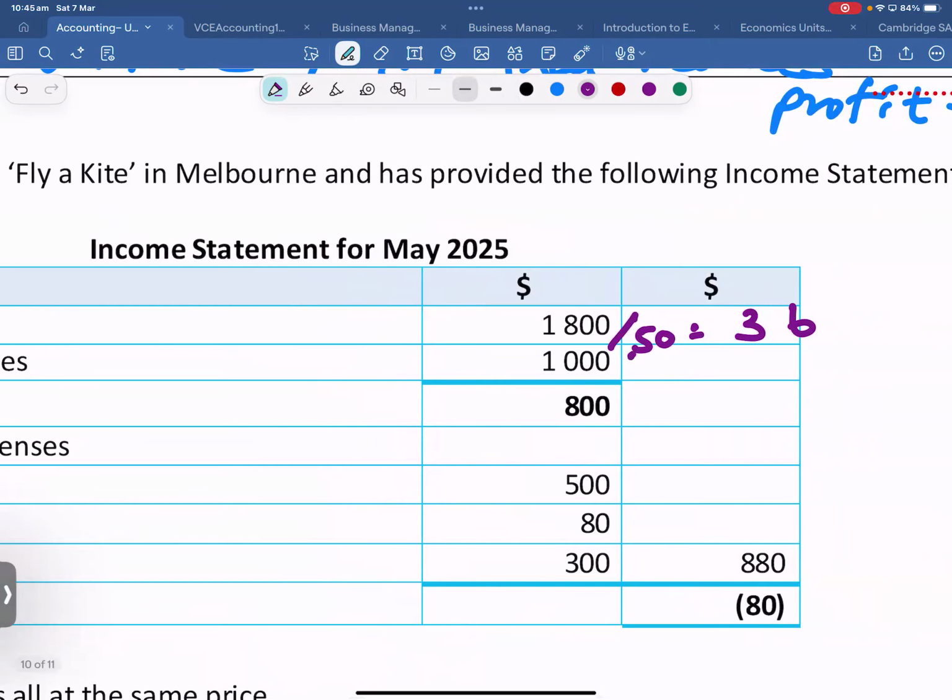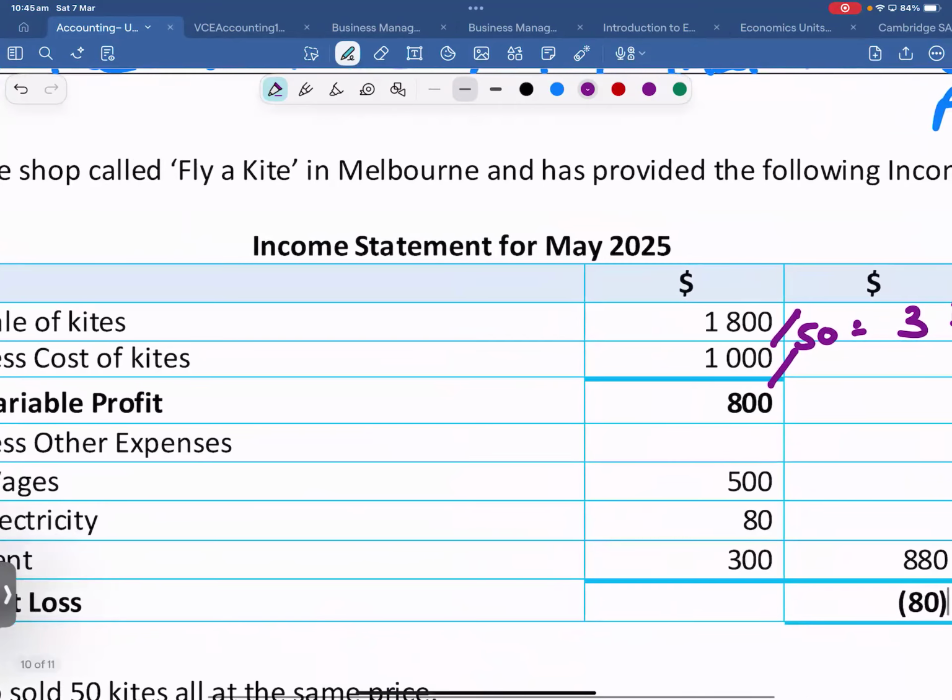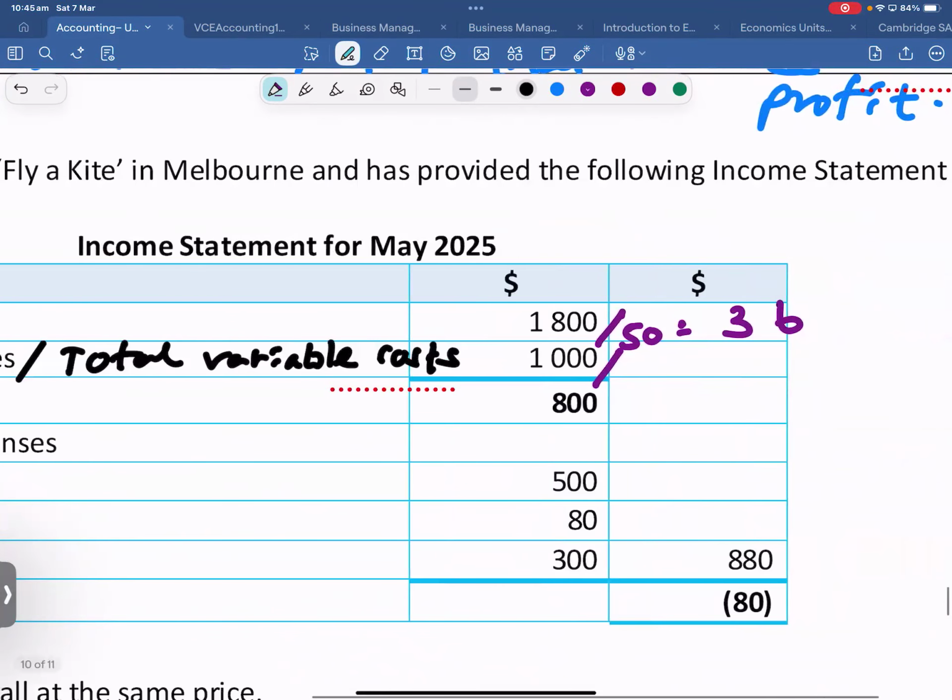We also divide that by 50, which is 20. 36 take away 20, also 16.